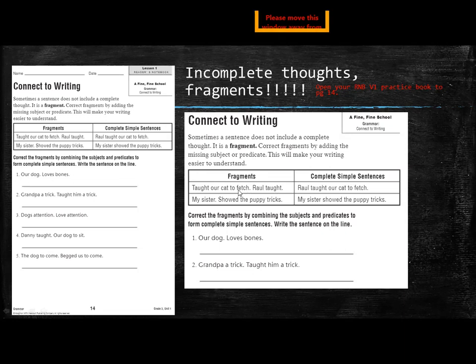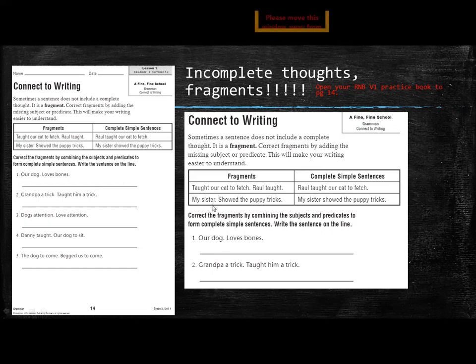You can see these are called fragments. We need to combine this together in a proper fashion. The subject goes first, predicate comes after. So if I take the subject first and put the predicate action part later, it will sound like a complete simple sentence. Roll taught our cat to fetch. So what sounds better? This one, right? Perfect.